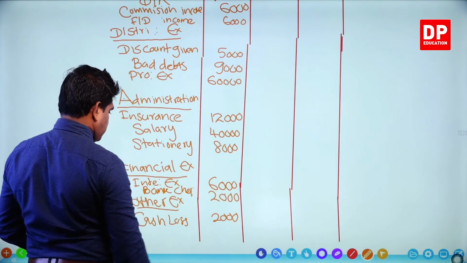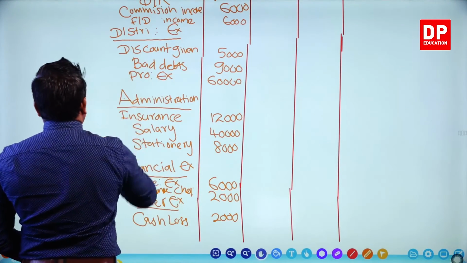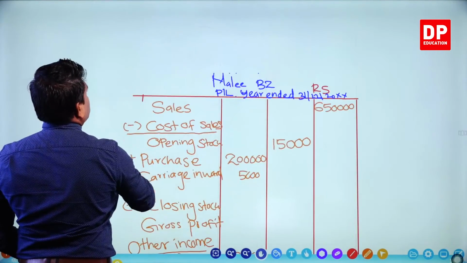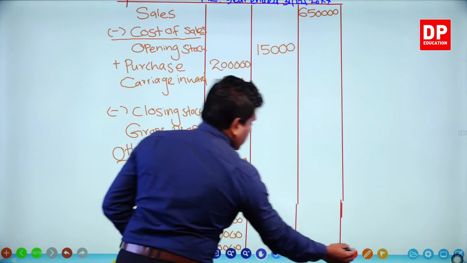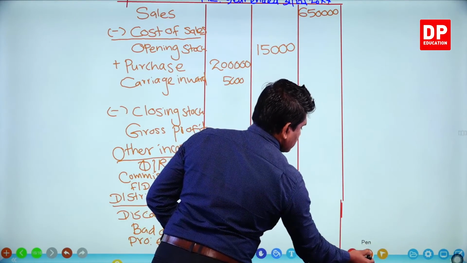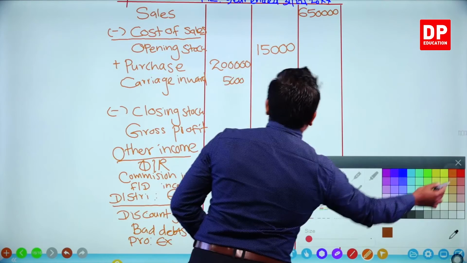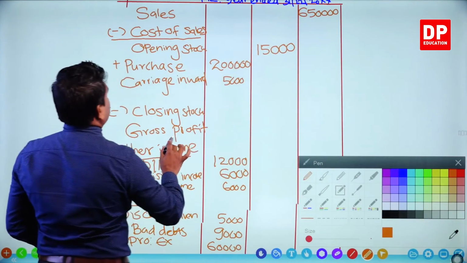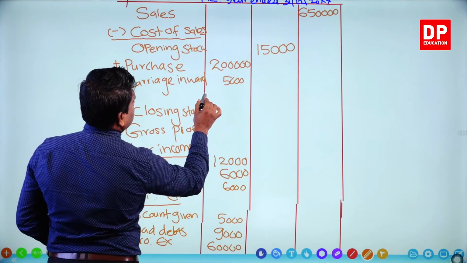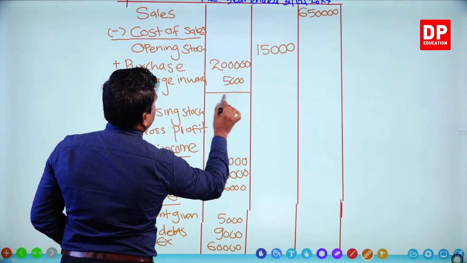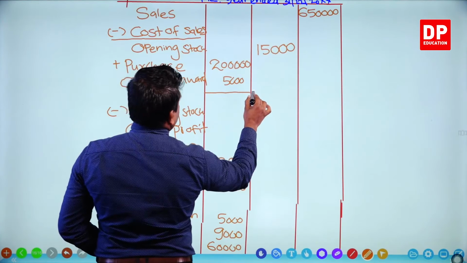Then we go to the sales and those things. Then we can get the total of these. Opening stock 15,000, then 205,000 here, right?